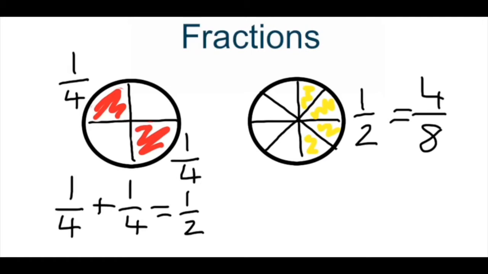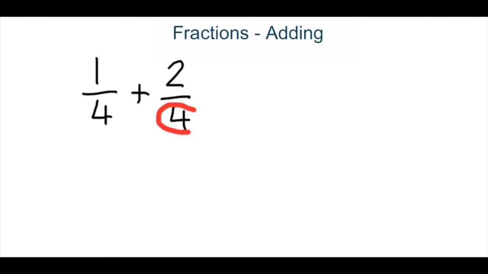We are going to look at how we can add and subtract our fractions today. Let's look at adding to start with. When we add two fractions together, so let's add a quarter plus 2 quarters, the thing we have to check is if the bottom number, or the denominator, is the same.